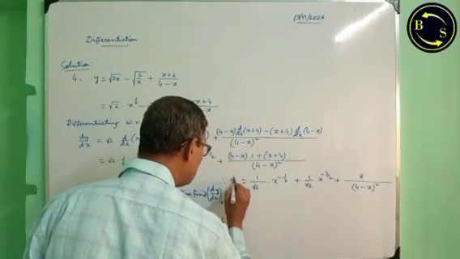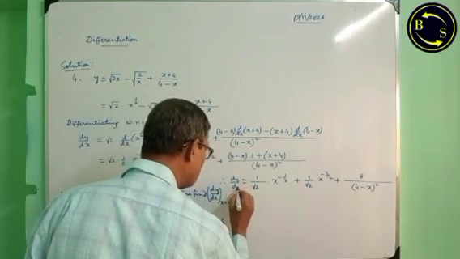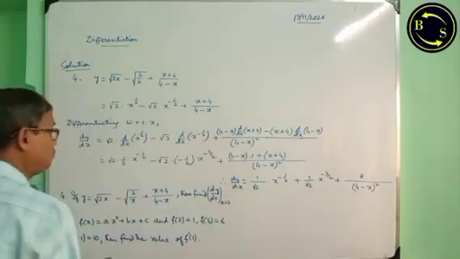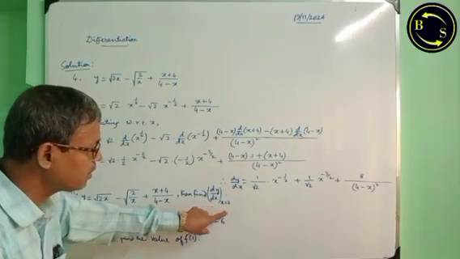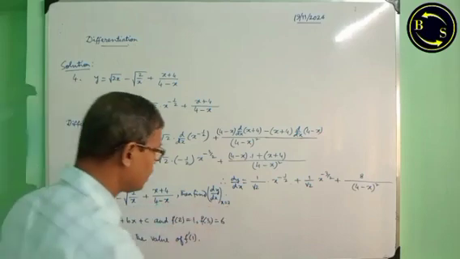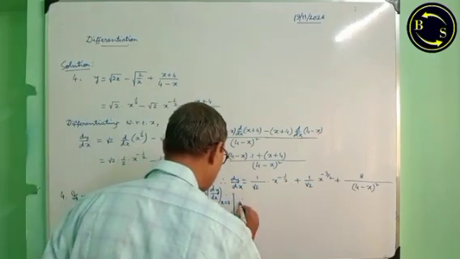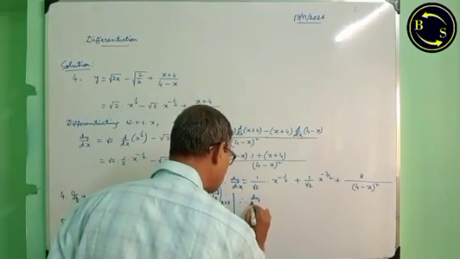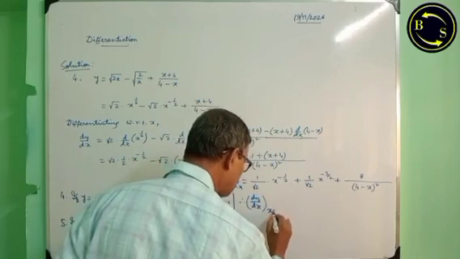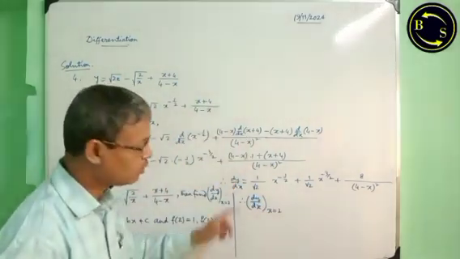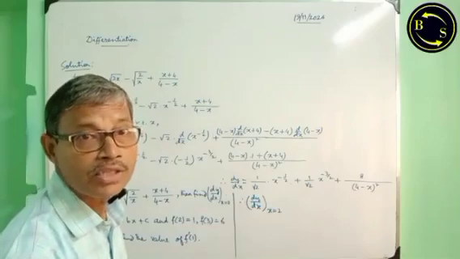Therefore, dy/dx is this one. We have to find the value of dy/dx at x equal to 2. For that, we have to put 2 in place of x.